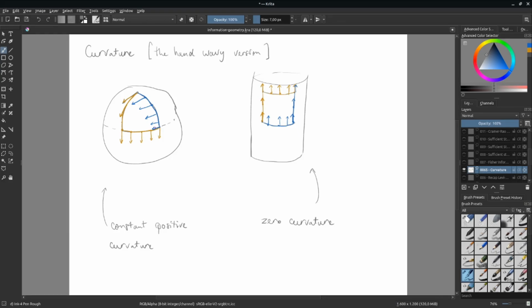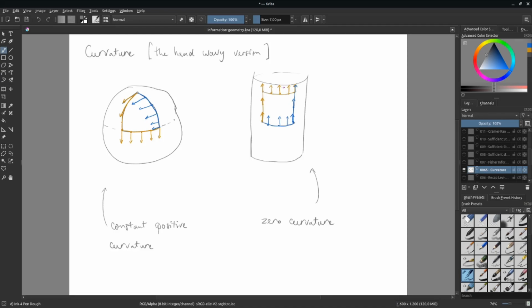In contrast, you could take, for example, a cylinder. A cylinder is a circle times a straight line. In fact, the cylinder has zero curvature, it's flat. And so regardless of the path that you took, it would still end up with the same result.